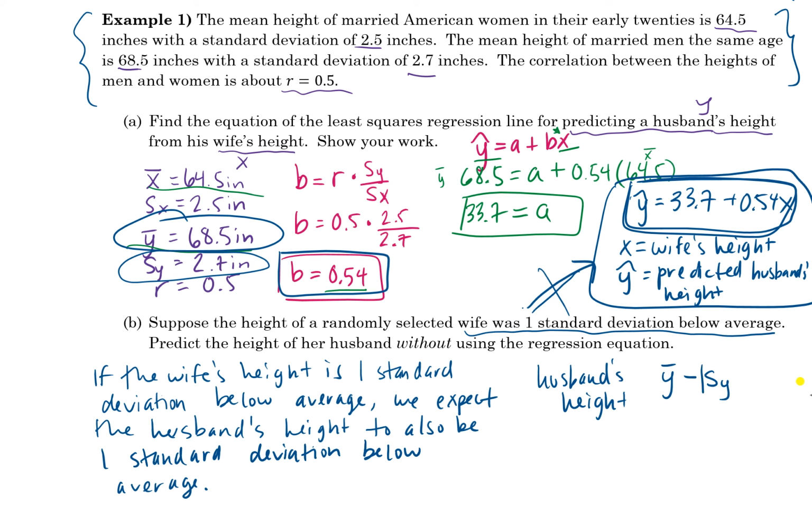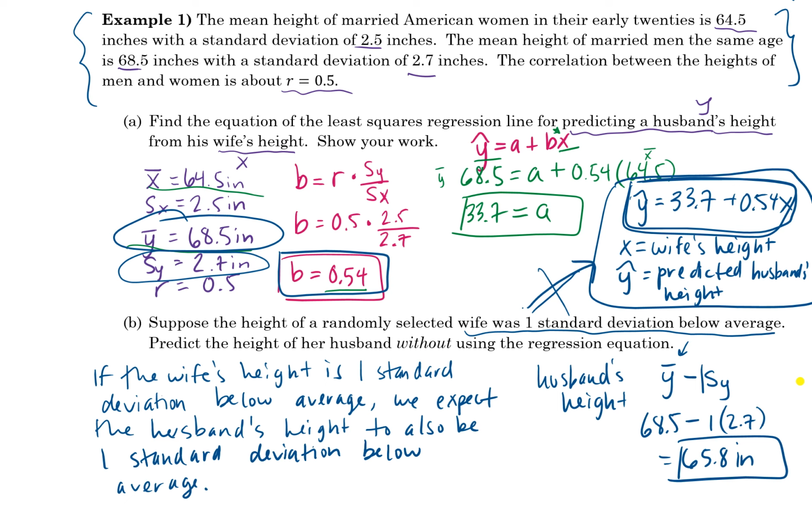So we're going to take the average height for males and just subtract 1 standard deviation from it. So 68.5 is the average height for males, and I'm going to subtract 1 standard deviation, which is 2.7 inches. So 68.5 minus 2.7 inches is 65.8 inches. And so that's how I can estimate the husband's height from the wife's height.